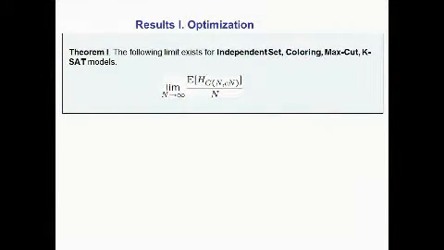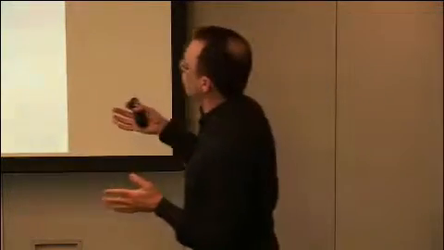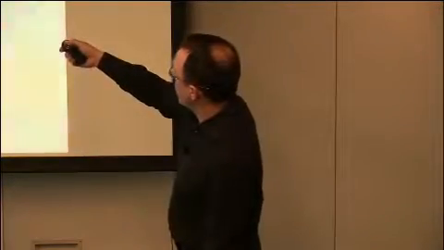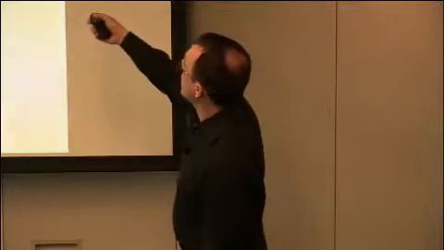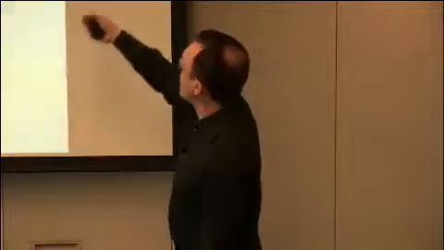Okay. All right. So now let me state the results. The first and perhaps the most relevant and interesting result is that this limit exists for a certain class of models, which includes independent set, partial coloring (I said coloring here, but I meant partial coloring), Max-Cut, and K-SAT, though K-SAT was already done by Franz and Leone. So that's the first claim.